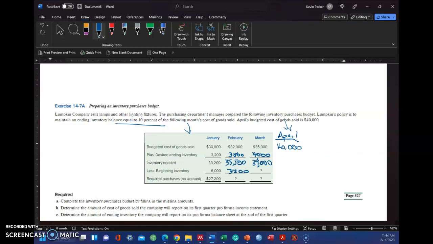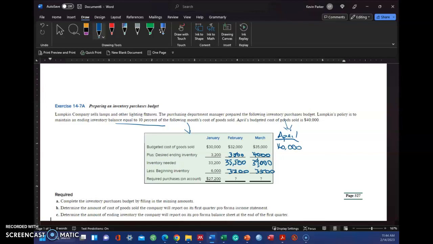And the same thing for February. When we end February, $3,500, March's beginning inventory is $3,500. So that's $3,200 for February and $3,500 for March regarding beginning inventory.